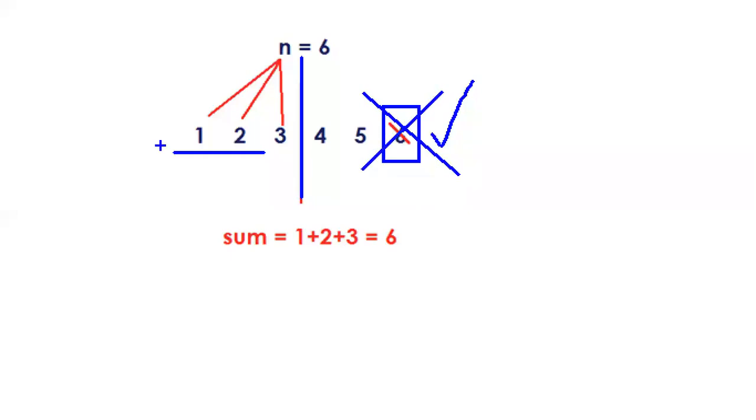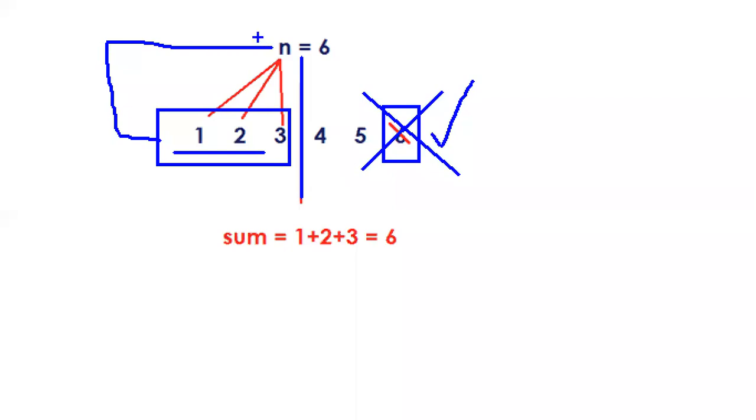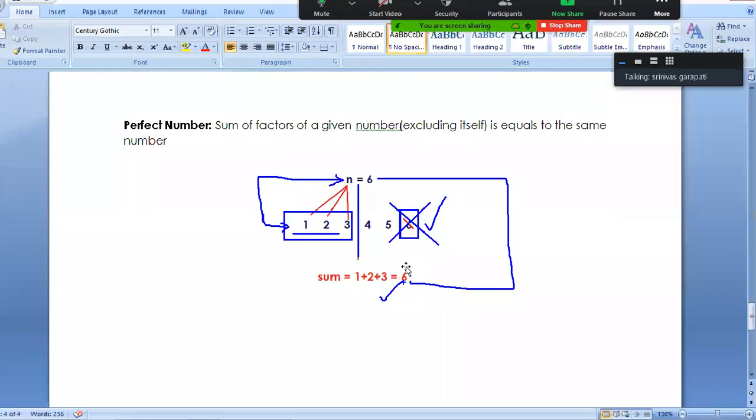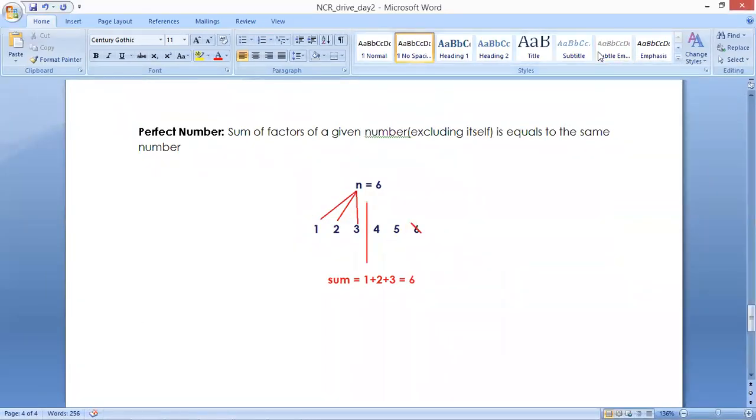Except itself, remaining factors' sum is equal to the same number. We need to find out this. So here, 1 plus 2 plus 3 equals 6. Checking that n and sum both are equal. Yes, it is the perfect number.